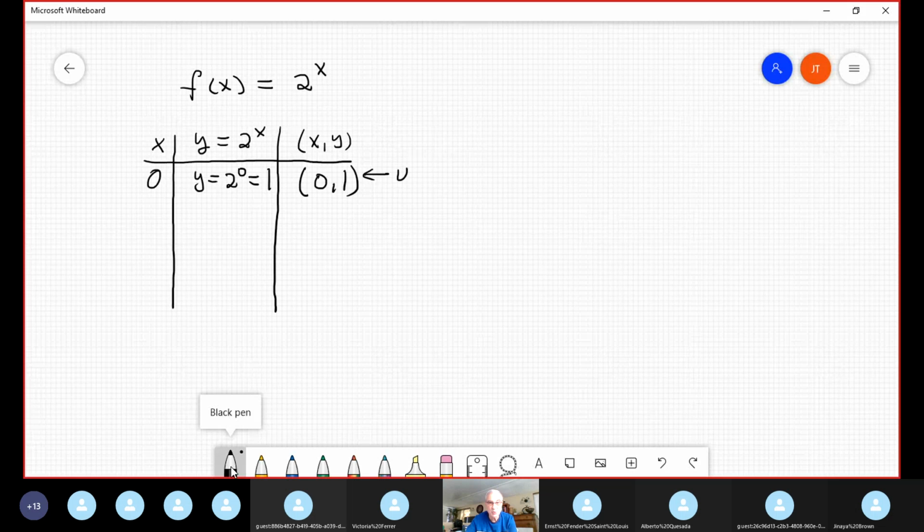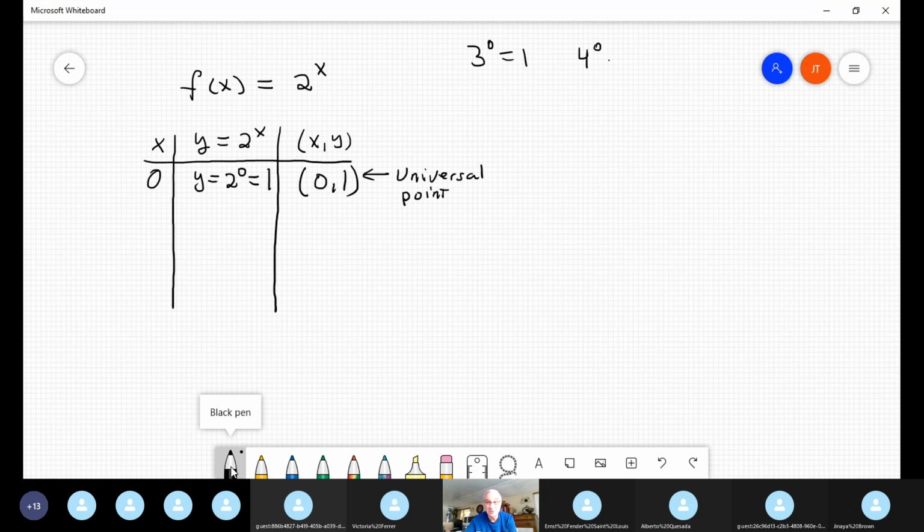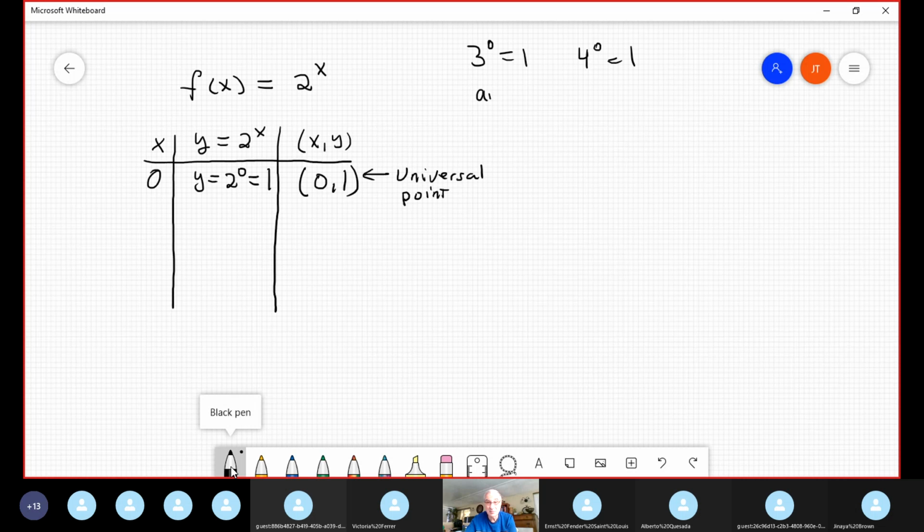This point is the universal point, because this point 0, comma 1 is for any exponential, regardless of the base. Because if it's 3, 3 to the 0 is 1, if it's 4, 4 to the 0 is 1. Any number raised to the 0 power is 1. The point 0, comma 1 is a universal point independent of the base.